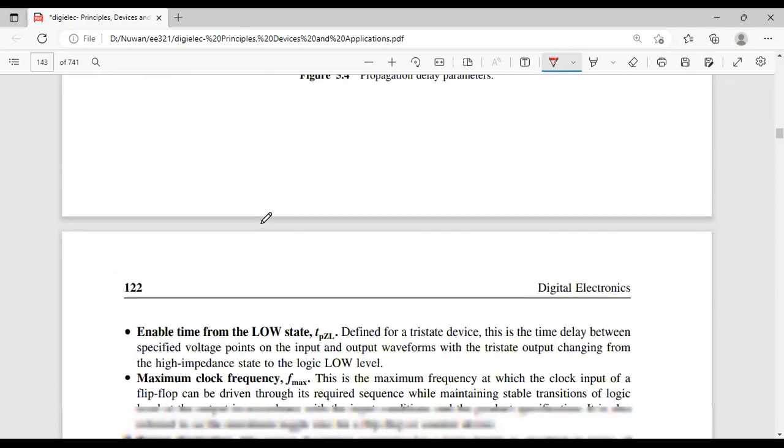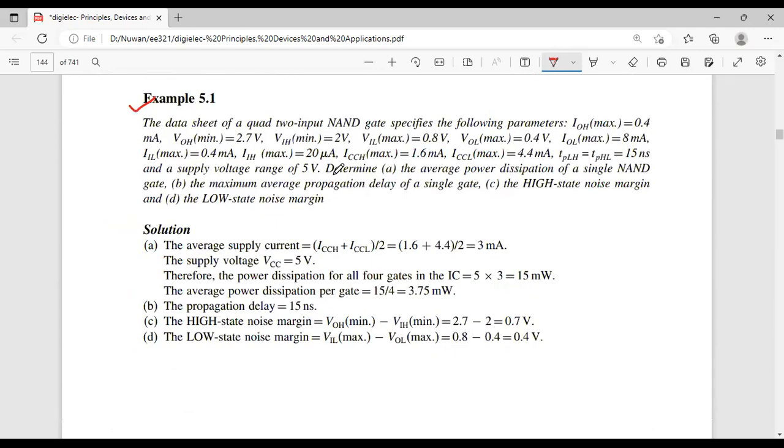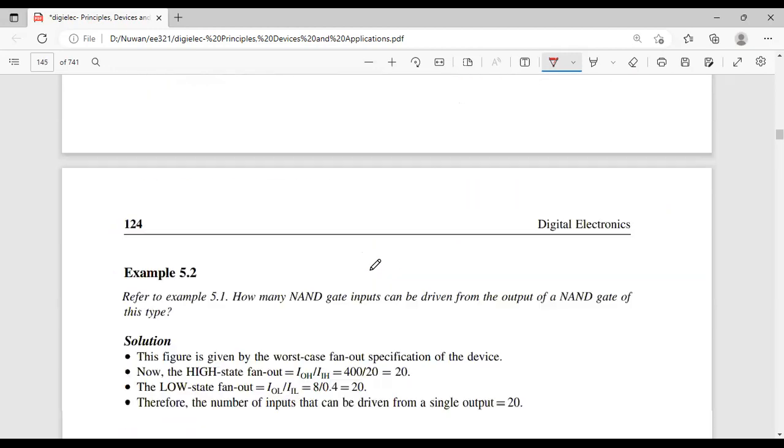Then you will also have a question to find these kinds of parameters. So that is the question you will get. Is that clear?